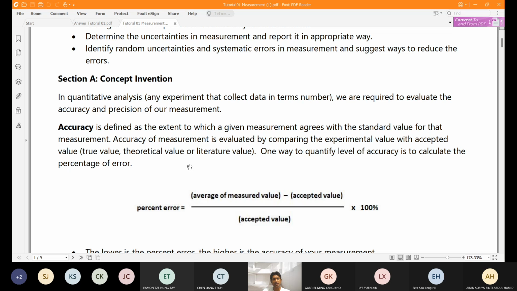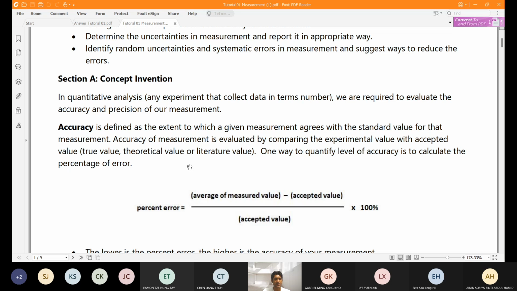But precision, because most of the time we will not be doing only one or two experiments, but many experiments, just to be sure that we are getting close to the accurate result, or close to the true values.